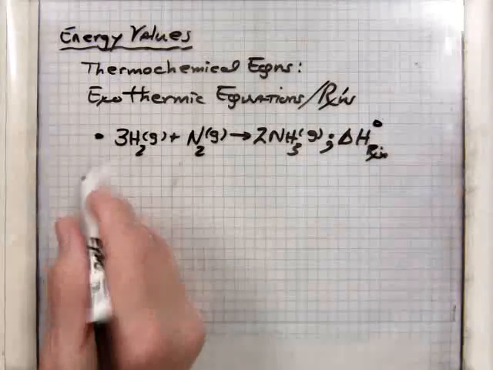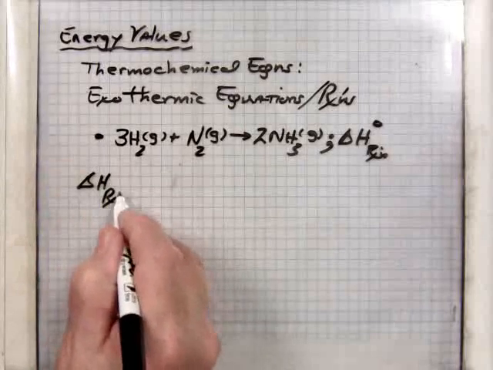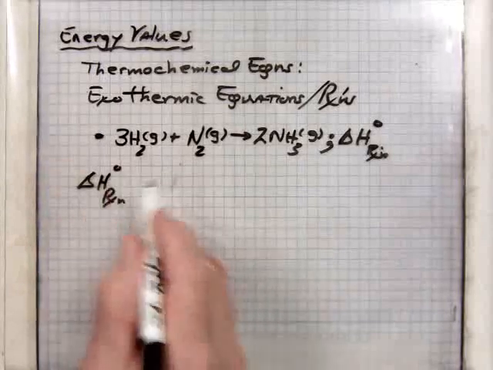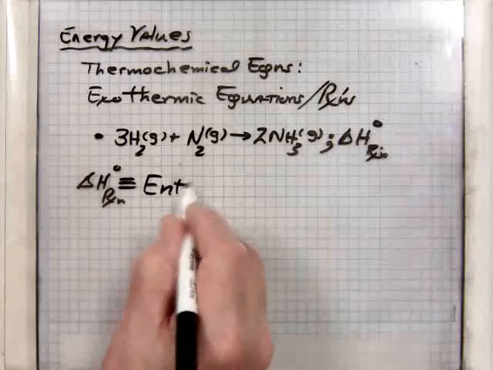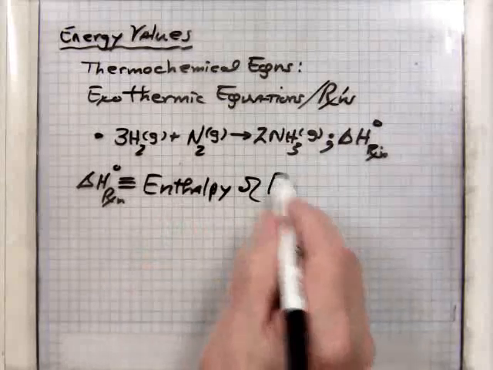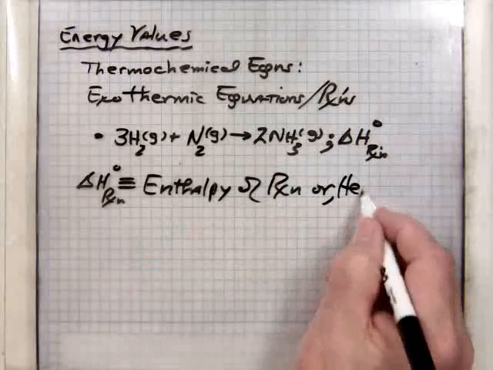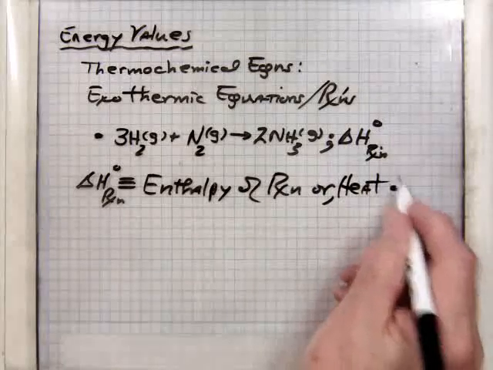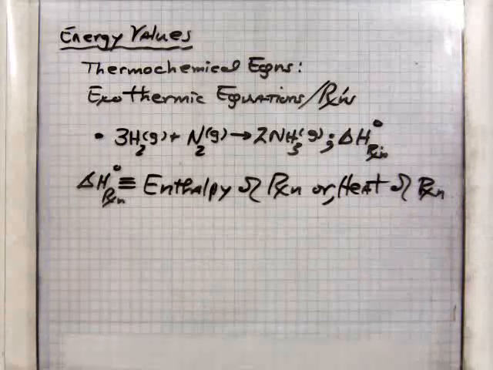Now I'll put that down here, delta H, or heat of reaction is what it's referred to, an enthalpy number.